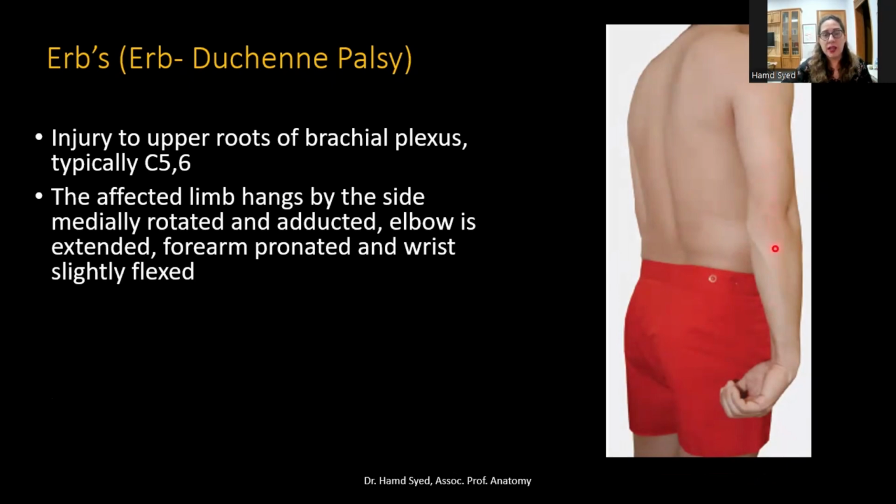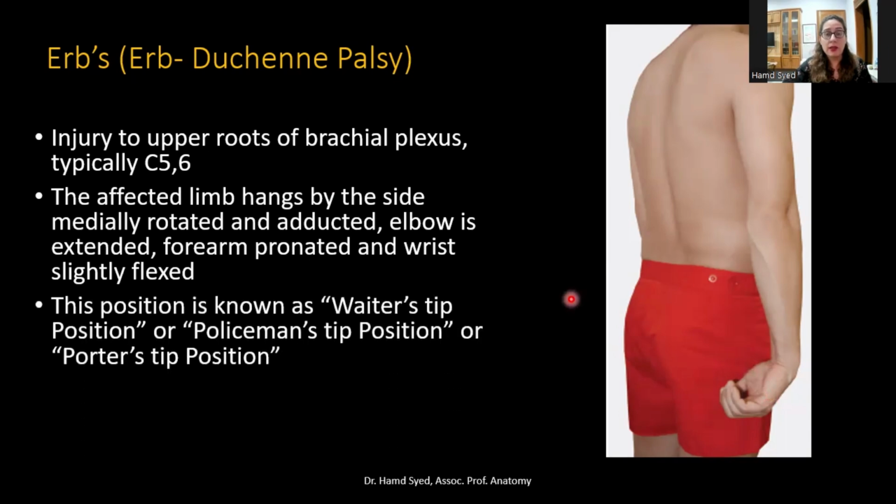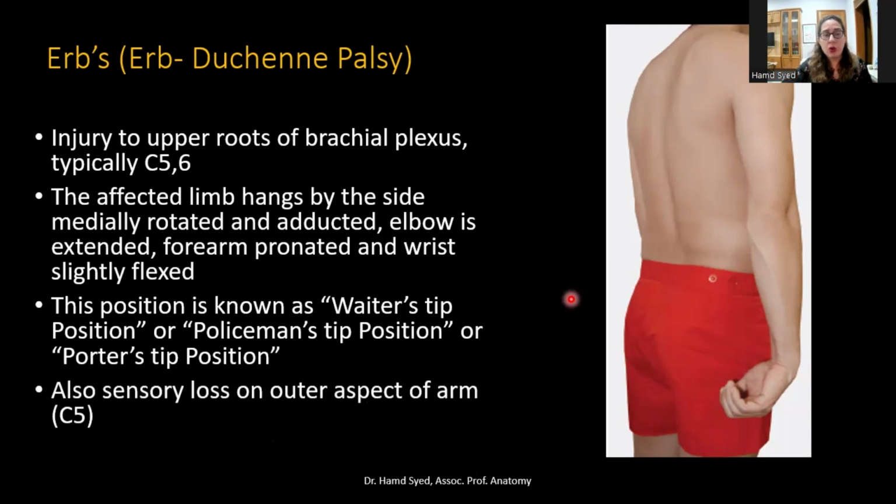The elbow is extended and the forearm is pronated and the wrist is slightly flexed. This position is known as the policeman's tip or the waiter's tip hand, also known as the porter's tip hand. And there is also sensory loss on the outer aspect of the arm, which is the region of C5.